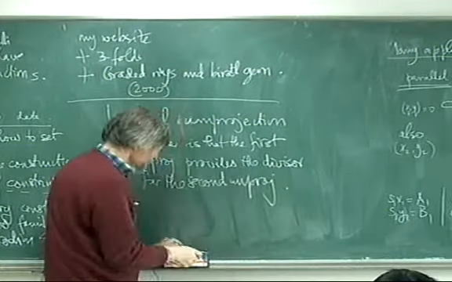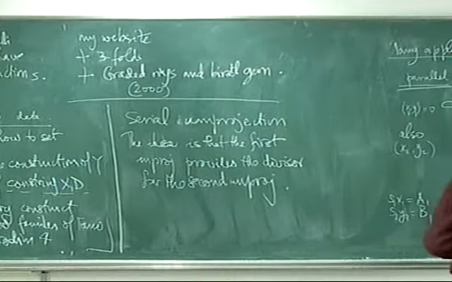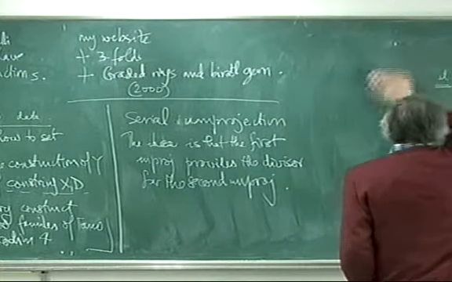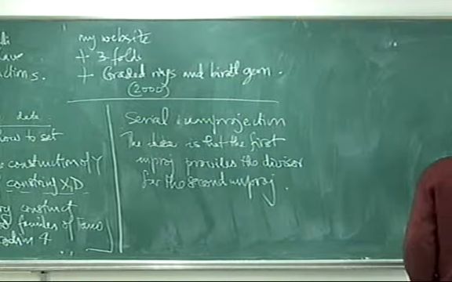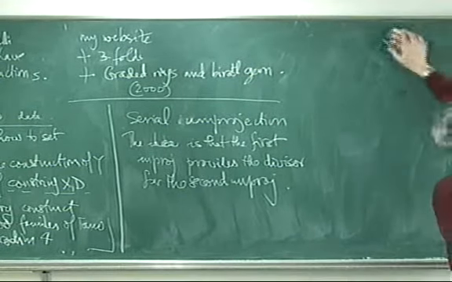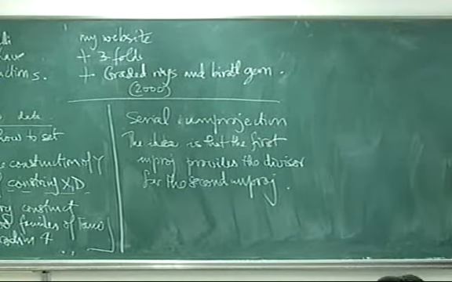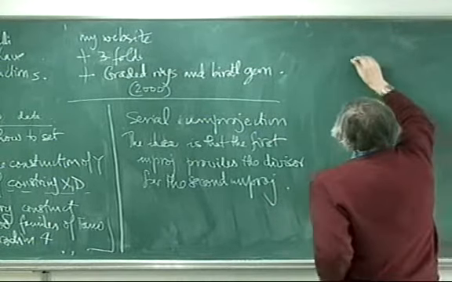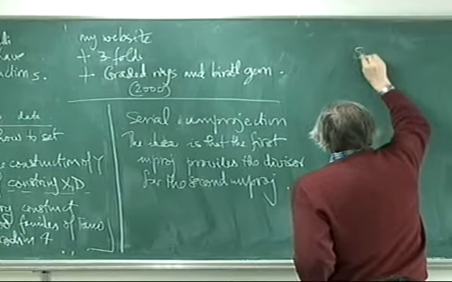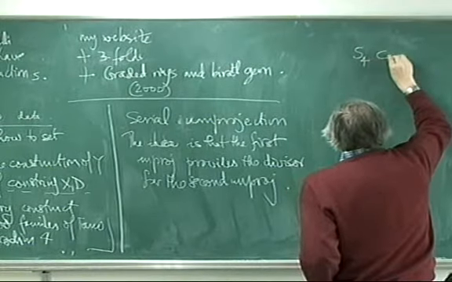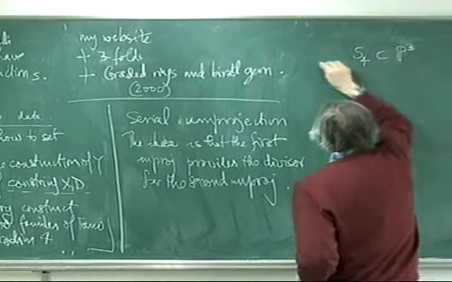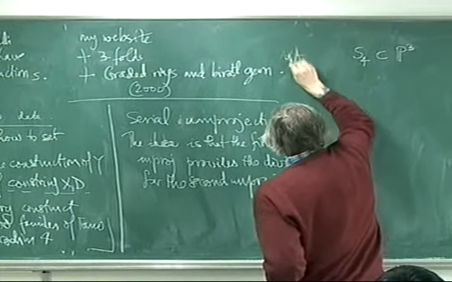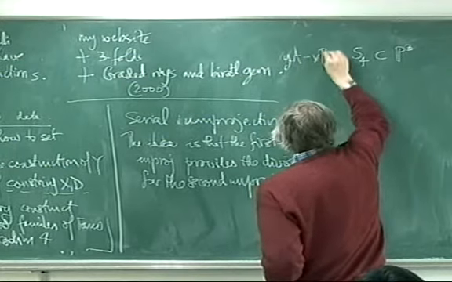So let me just give a baby example of this, so that you can see that this is not the same thing as parallel unprojection. You can think of it in some ways as having infinitely near centres. First of all, let me start off again exactly as I did before with a hypersurface in P3, which is of the form XA, look, I'm sorry, I never get this right, YA minus XB.